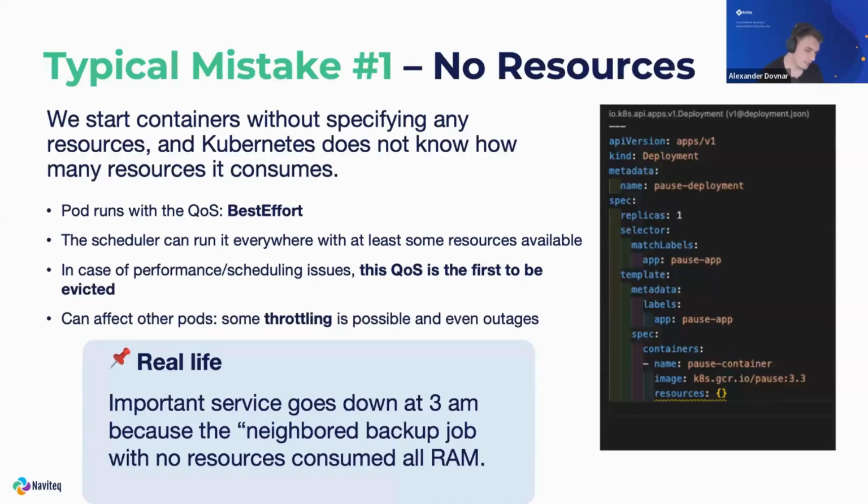First, the typical mistake: no resources at all. Launching a container without specifying resources is like renting servers without knowing how much RAM or CPU you need. If you go to a computer shop and ask them to sell you a computer, they will ask what you need, and if you don't know what you need, it's exactly this case. But Kubernetes allows you to run a deployment or pod without specifying resources.